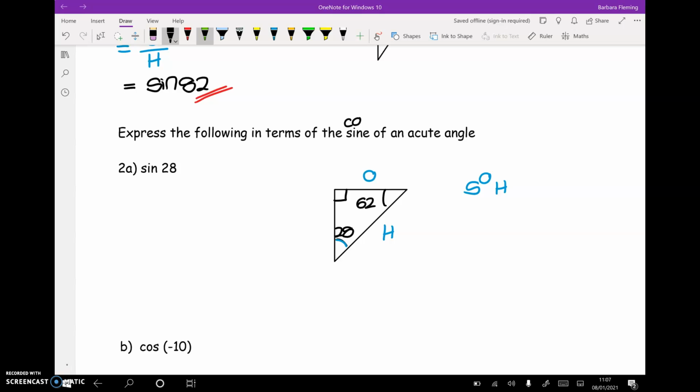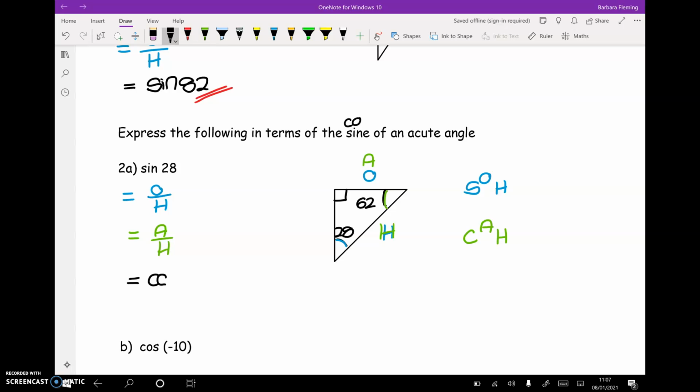Now, cos of an angle. So cos of this angle, 62, is your adjacent, same as your opposite there, or your hypotenuse, same one there. So sine of 28 equals opposite over hypotenuse if you're looking at the blue, equals adjacent over hypotenuse if you're looking at the green.